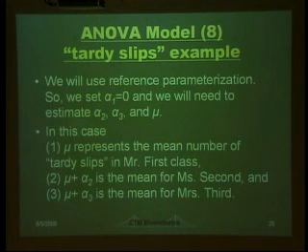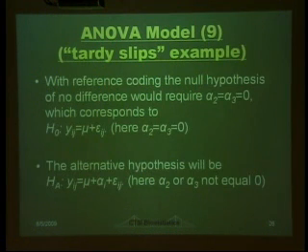And if you remember, it was 6 or so, right? Next step, mu plus alpha 2 is the mean number of tardy slips for Miss Second's class, and for the third class we have mu plus alpha 3. So essentially we have 3 means of 3 groups. This is what we will be comparing.